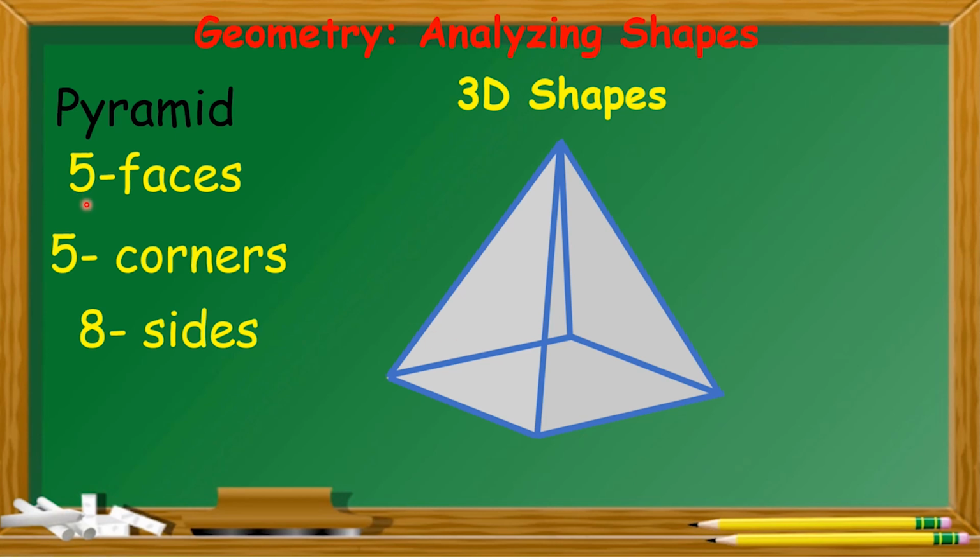So it has 5 faces, 5 corners, and then 8 sides. We have 1, 2, 3, 4, 5, 6, and this one 7 and 8. So it has 8 sides.